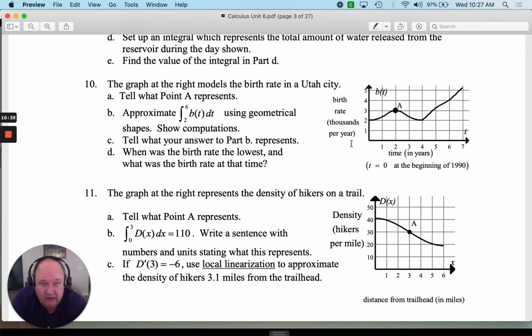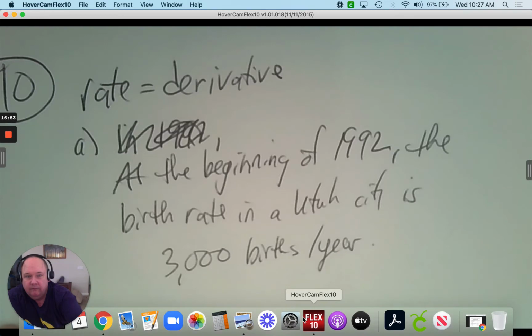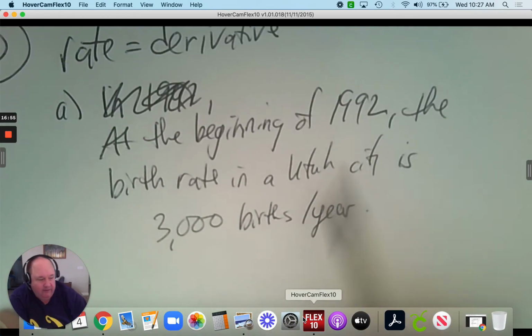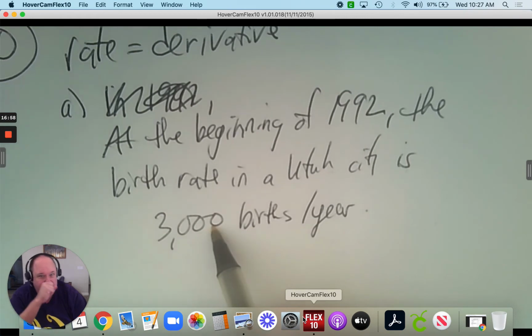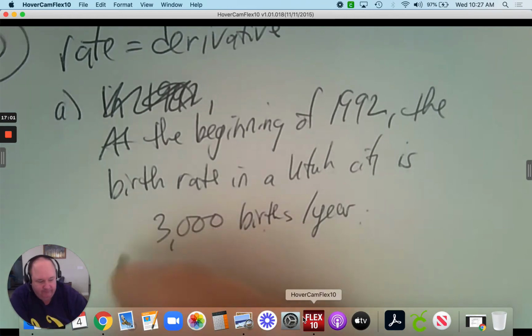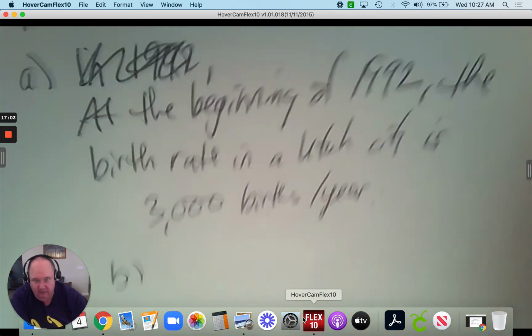So it's 3,000 births per year. So at the beginning of 1992, the birth rate in a Utah city is 3,000 births per year. It doesn't have to be complicated.